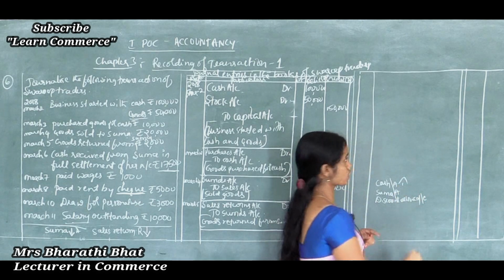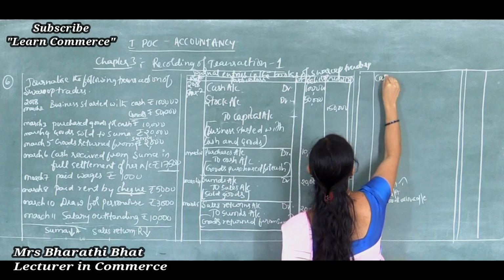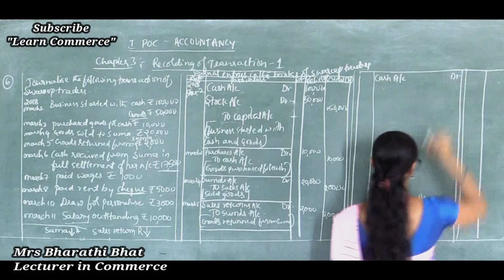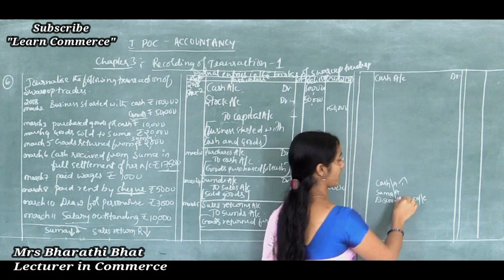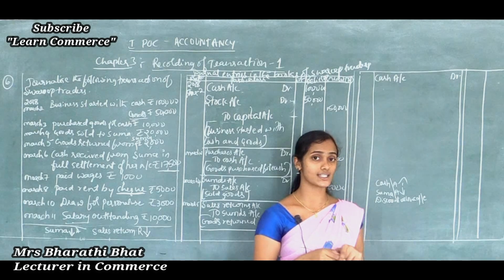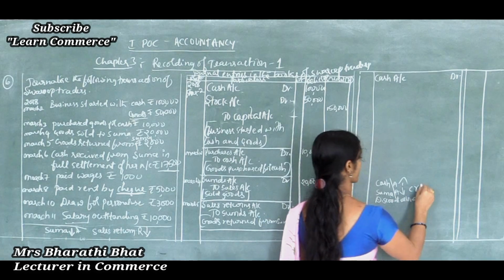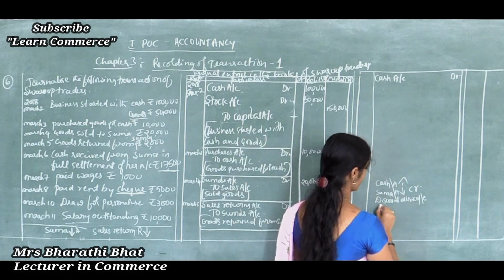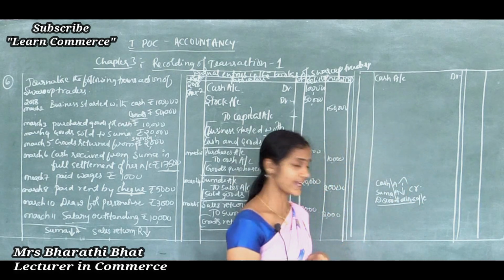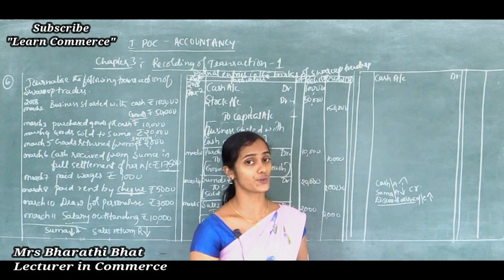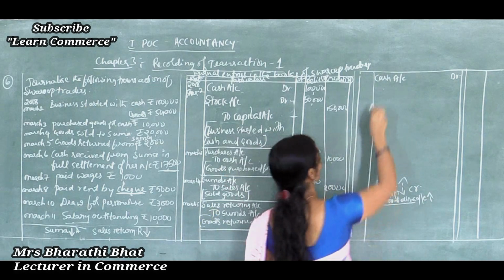Increase in asset is to be debited, so cash account is debited. Suma's account is an asset showing decreased value, and decrease in asset is to be credited. Discount allowed is an expense, and increase in expense is to be debited.